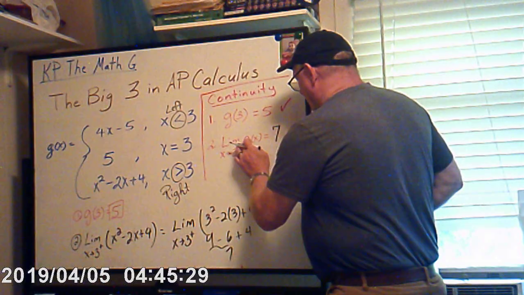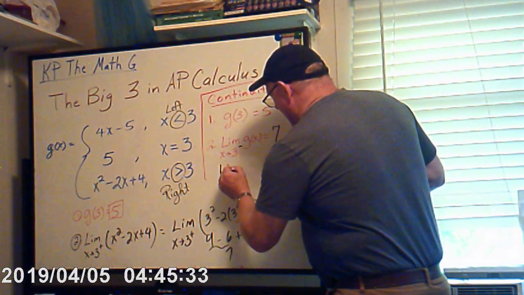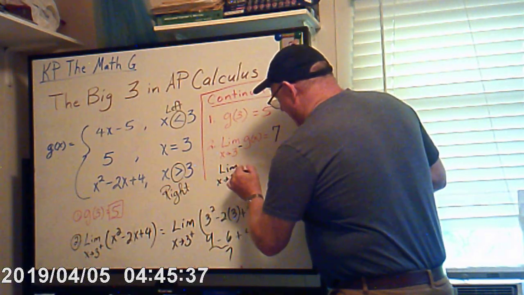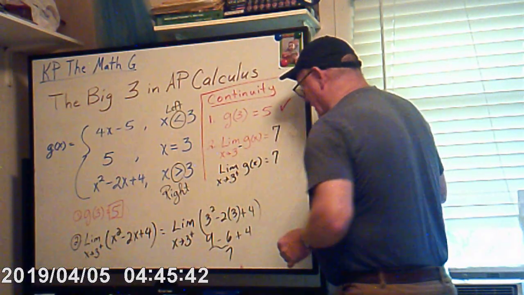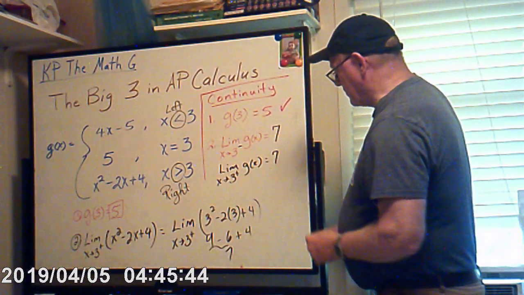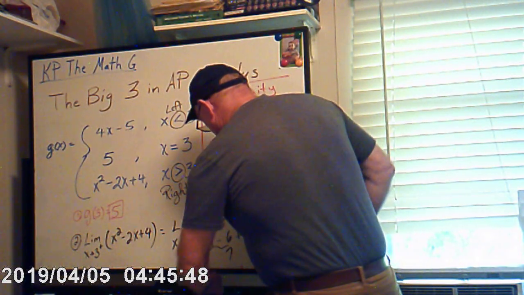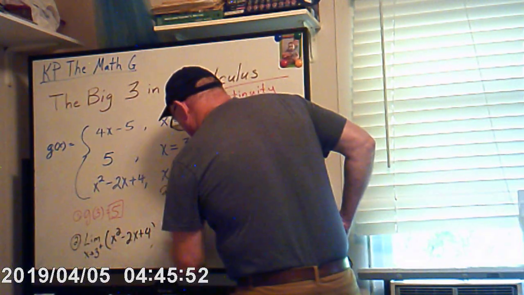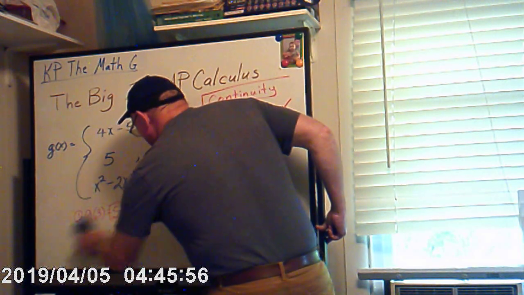So the limit from the left is 7. And the limit from the right, wouldn't you know, is also equal to 7. So the limit exists.